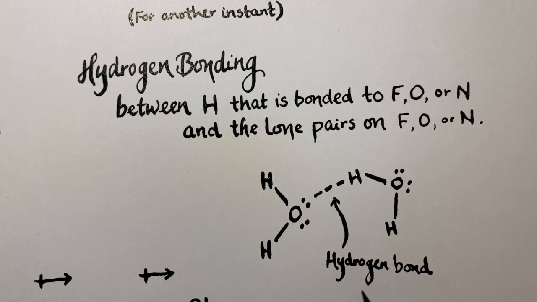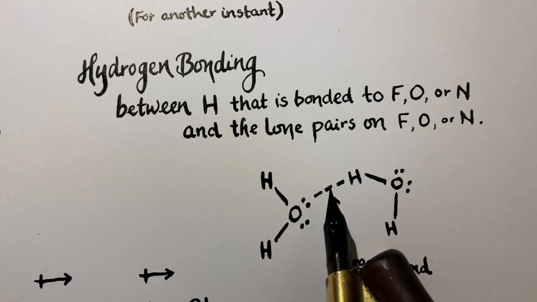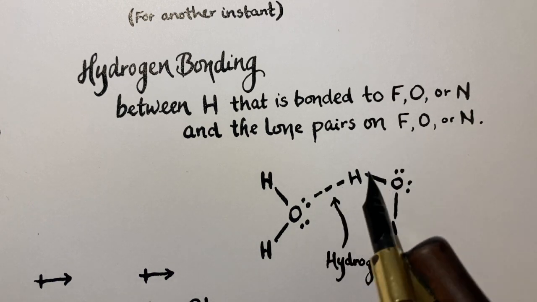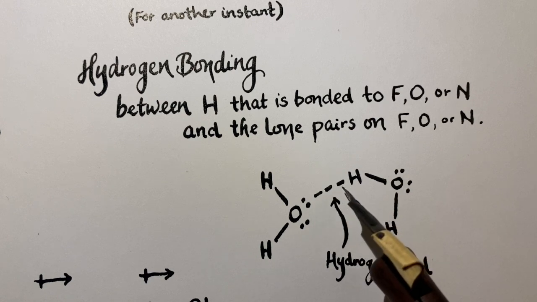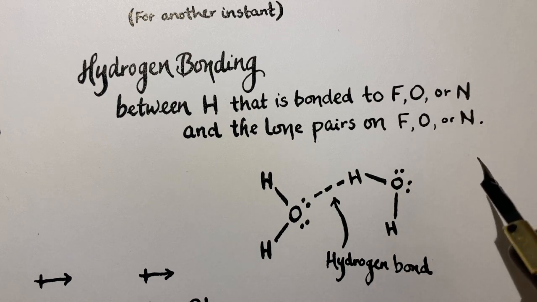It's not that general partial positive, partial negative attraction that we saw with dipole-dipole. Because this hydrogen here can have its own hydrogen bond with another water molecule. Okay, so each one can have its own interaction. These are quite strong. Okay, they can be close to that attraction of an ion-dipole interaction.